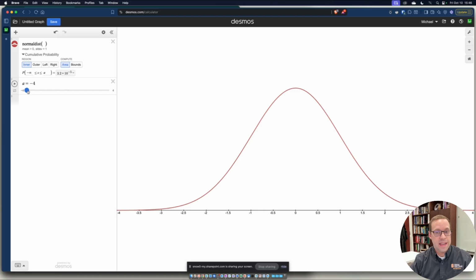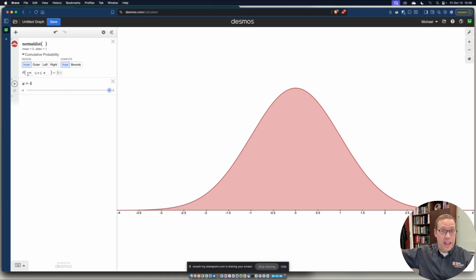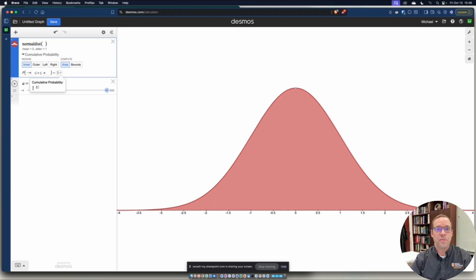If I take the area of this entire curve, what is my area? Well, the area between negative infinity, that's the far left tail of the curve, and my value A, which is the far right end of this curve, is 1. Now, I have this approximated. If I go to a much larger number, then this will be exactly 1. There we go. The area under the entire curve is 1.